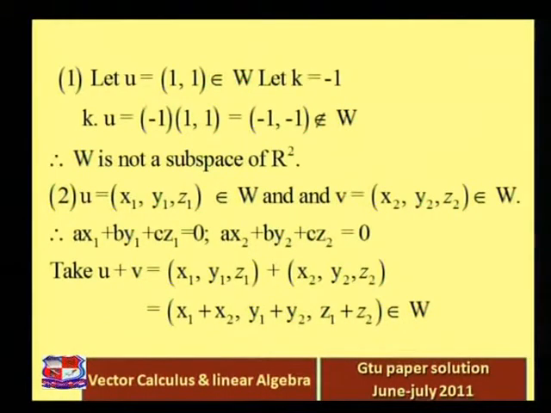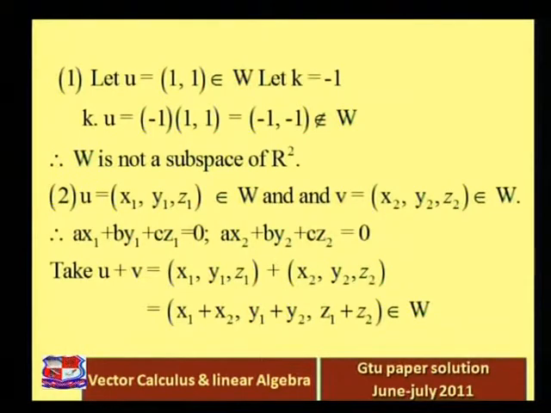That does not belong to W, because W contains only those elements from R2 whose coordinates are both greater than or equal to 0. So the second condition fails, and W is clearly not a subspace of R2.